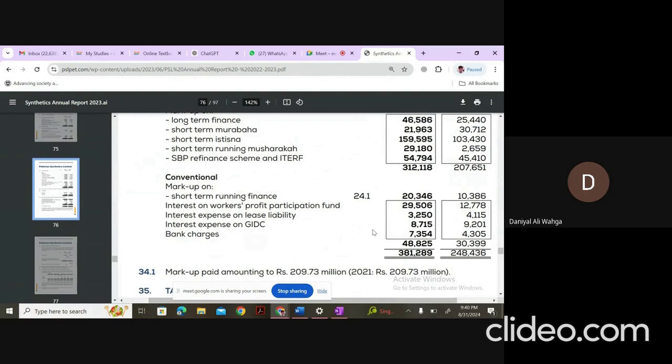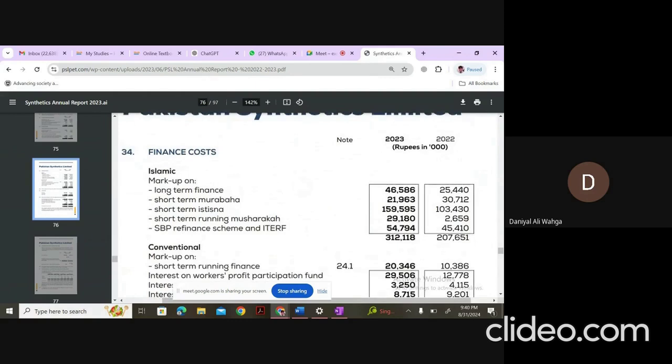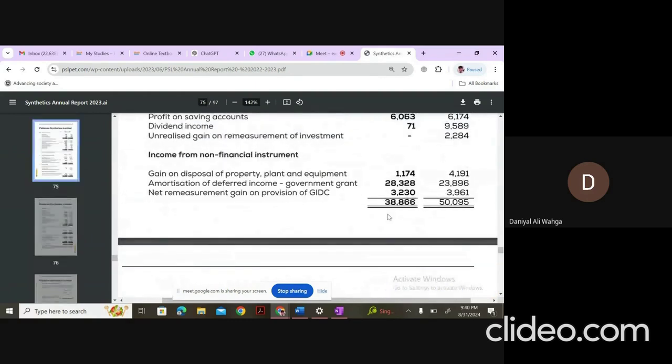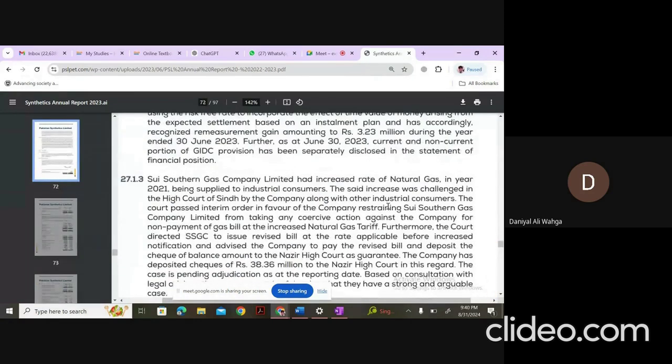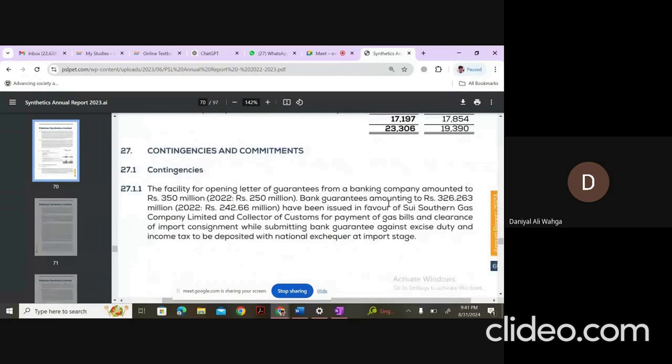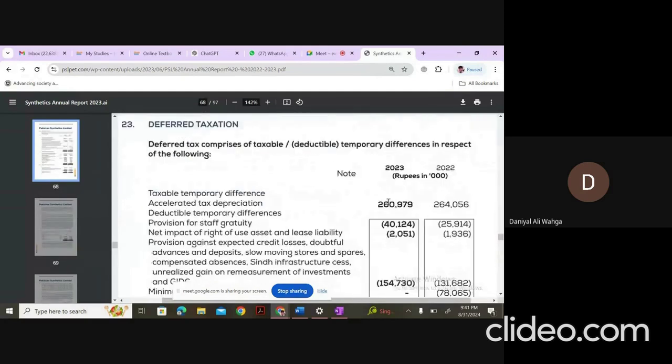So all of those expenses which are related to the financing activity are included in the finance cost. All of the working, the comparative working and the related commentary and estimates are given in the notes, right?